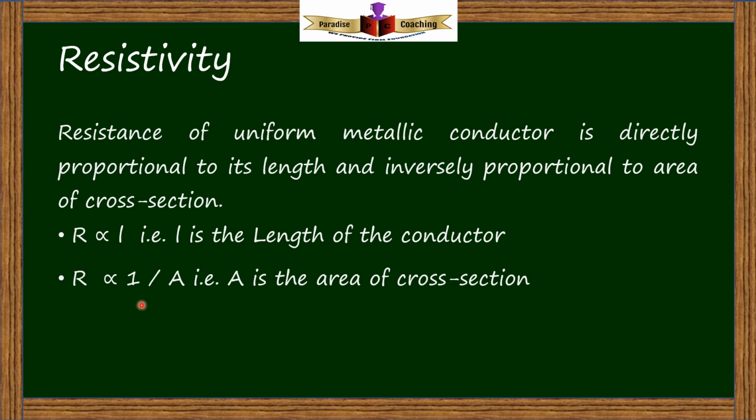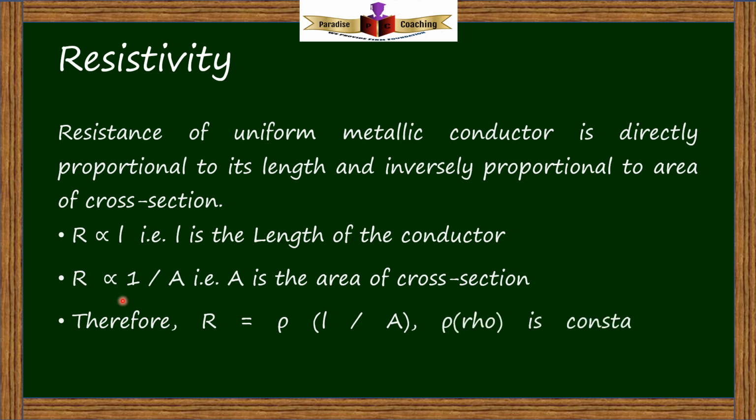And now I can combine these two equations. If I want to remove this proportionality symbol, naturally I have to introduce a constant. This constant is called rho, and this constant rho is termed the resistivity. Okay, so let's quickly recap.